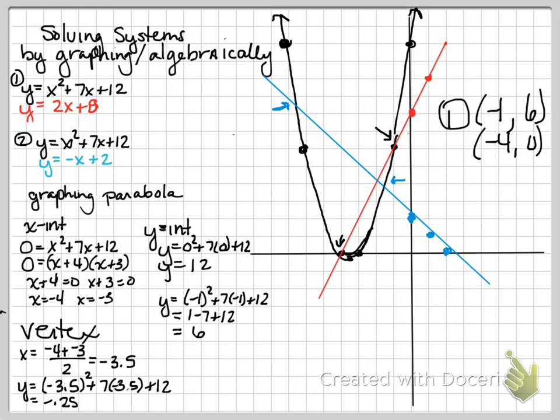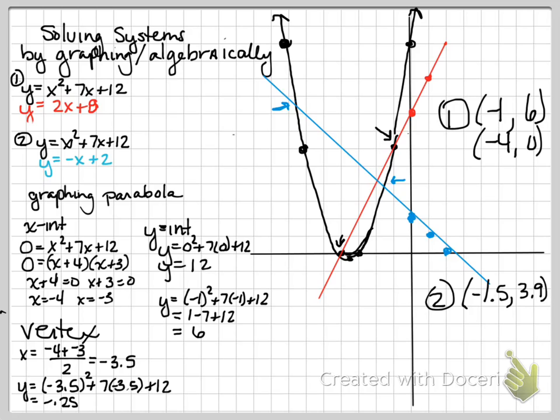So for number 2, the first point, the one on the left, is about negative 1.5, comma, 3.9.